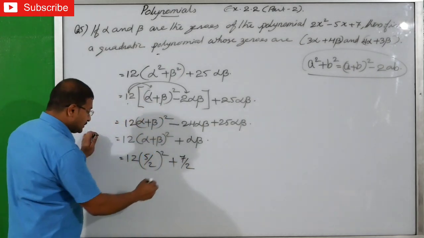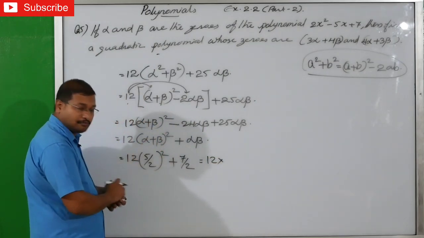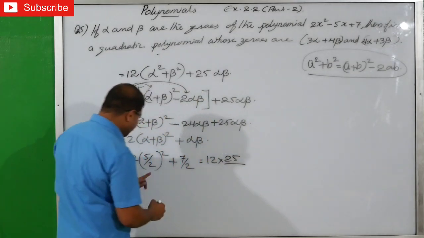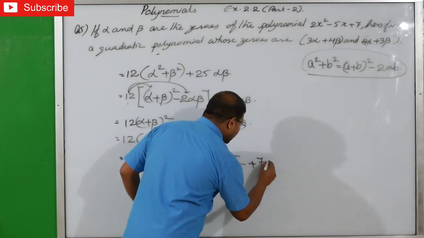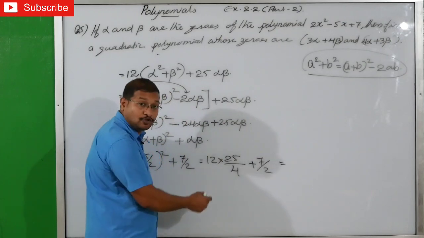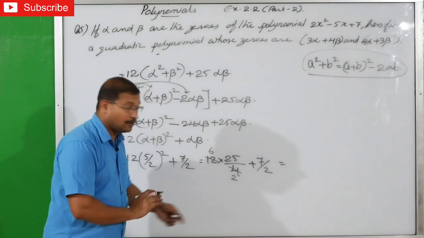This equals 12 into square of 5, 25, square of 2, 4, plus 7 by 2. Now we can cancel by 2: 2 2s are 4, 2 6s are 12.